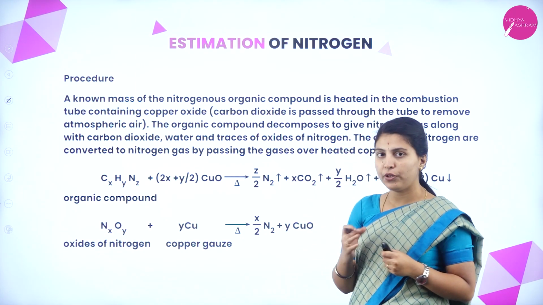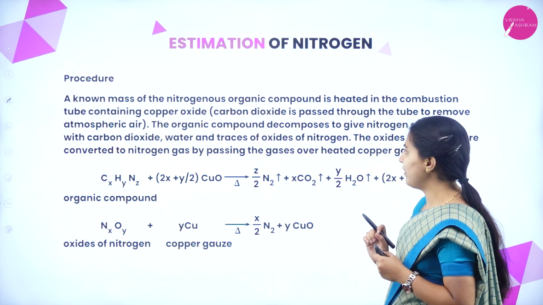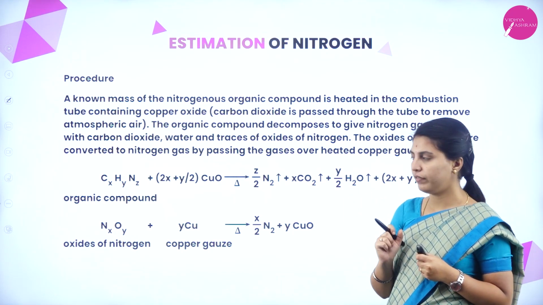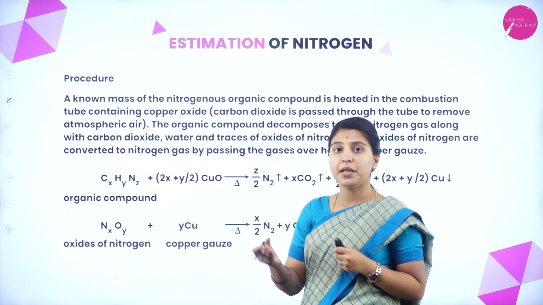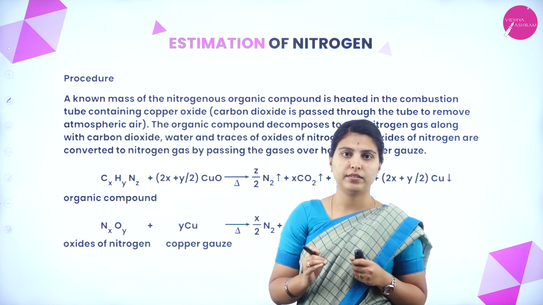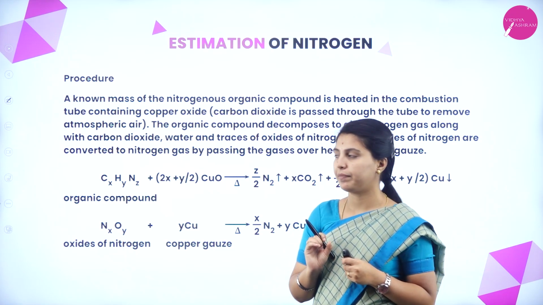The organic compound decomposes to give nitrogen with carbon dioxide, water and traces of oxides of nitrogen. The oxides of nitrogen are converted into nitrogen when passed over copper gauze. Then the remaining nitrogen gas is estimated in the nitrometer.